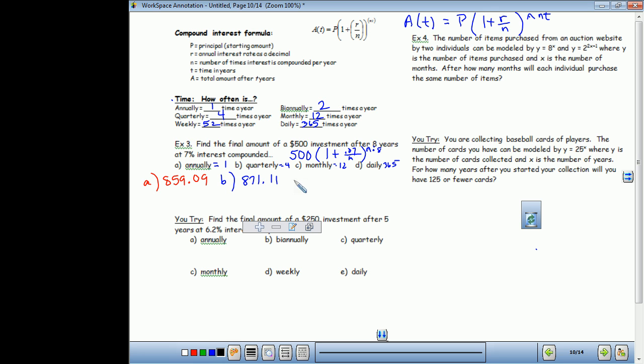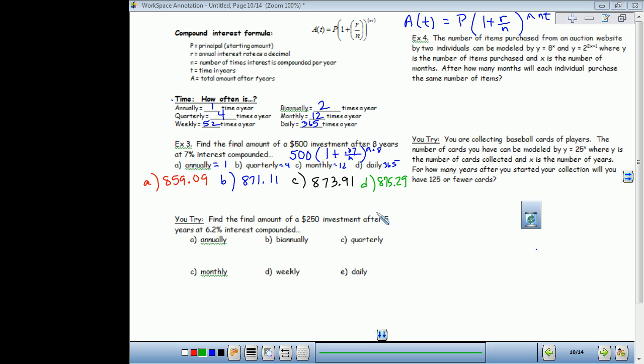Monthly, our answer would be $873.91, and then daily, when we plugged it in, we would get $875.29. So this shows us the more times the interest is compounded, the greater our outcome will be.